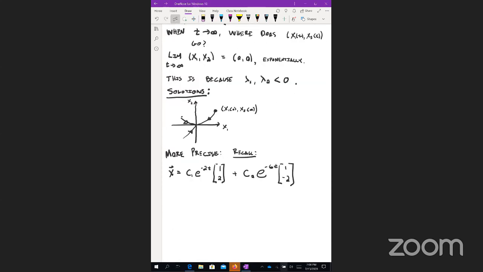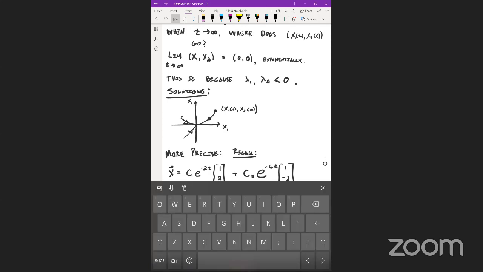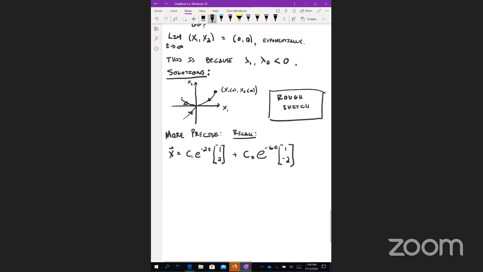And let's actually draw these vectors. This is a rough sketch. Let's draw a slightly less rough sketch.